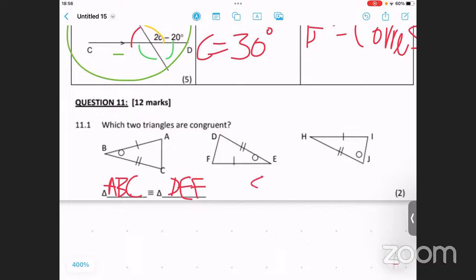It's going to be side angle side, because it's this side with this, followed by the angle, this one, and then another side. So it's side angle side.